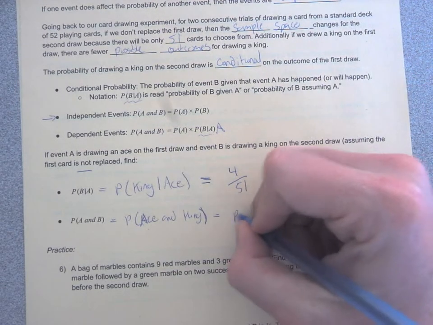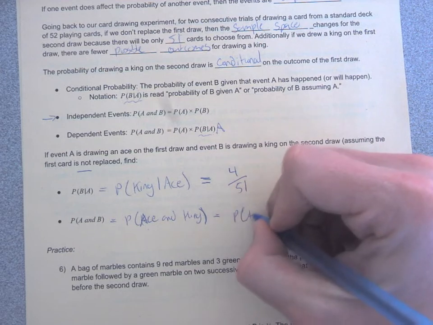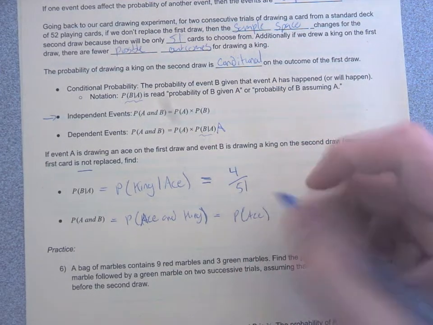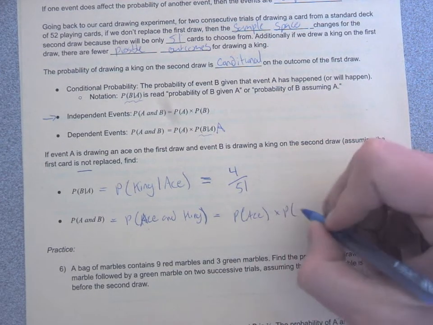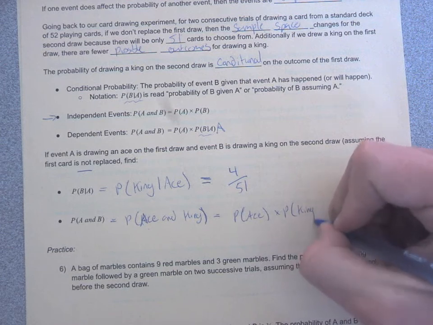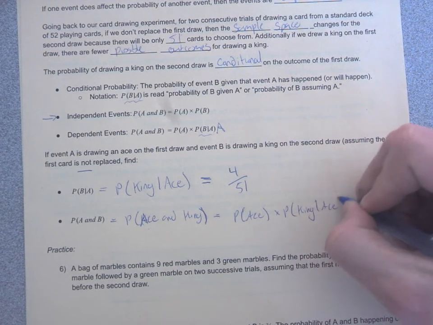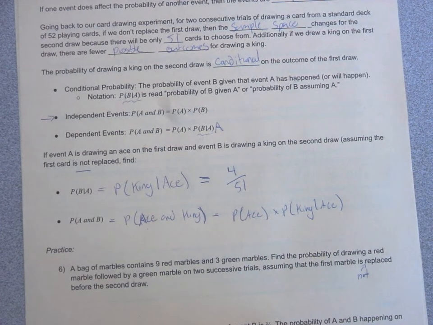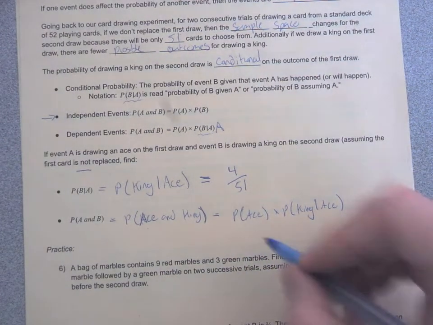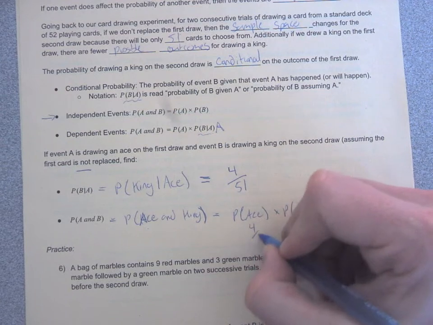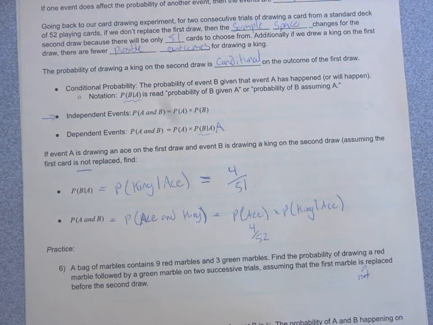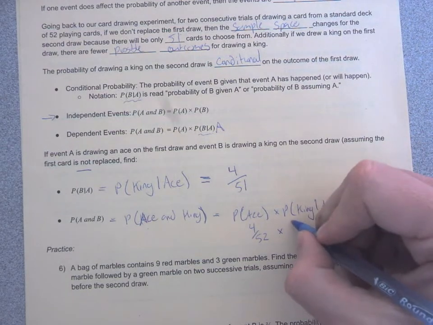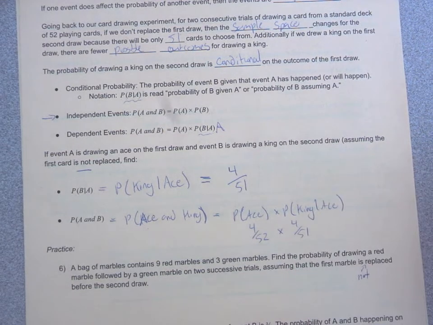So we want the probability of pulling an ace times the probability of pulling a king given the first pull was an ace. So we already have this second piece, we just need this first piece as well. So the probability of pulling an ace is 4 out of 52. The probability of pulling a king, given that we already pulled an ace out, is 4 out of 51.